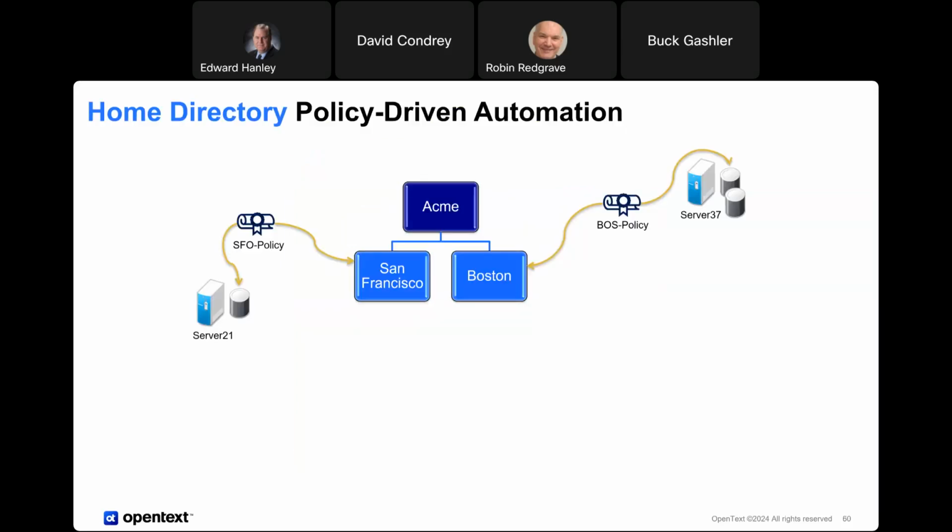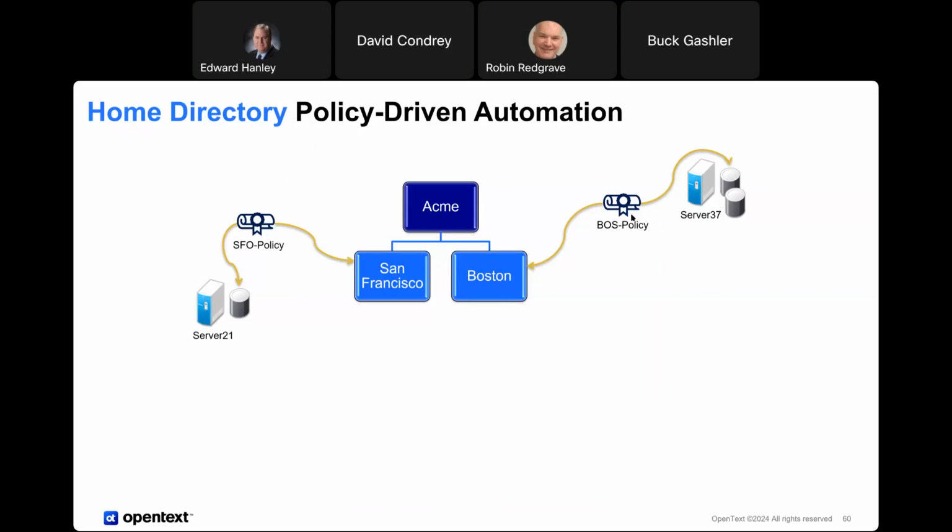So let's talk about what it might look like. In this case, we have some home directory policies. In our organization, in our ACME here, we have 2 OUs. We have San Francisco and Boston. So we have rules for where and how we want our home directories managed in Boston, and the same thing for San Francisco.